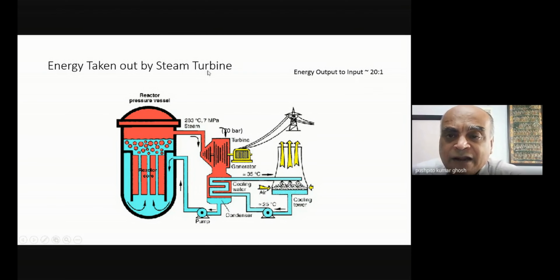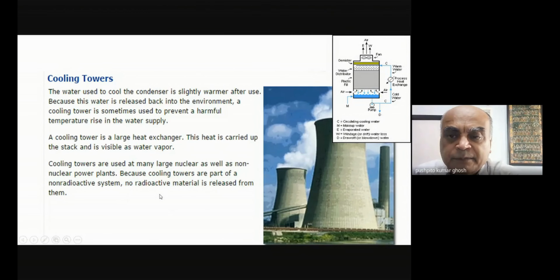That ratio is the energy output to input ratio. In a nuclear reactor, it is as high as 20:1, and that's what makes it so attractive. You're generating far more energy than what you are consuming for things like running pumps. So please keep that in mind.